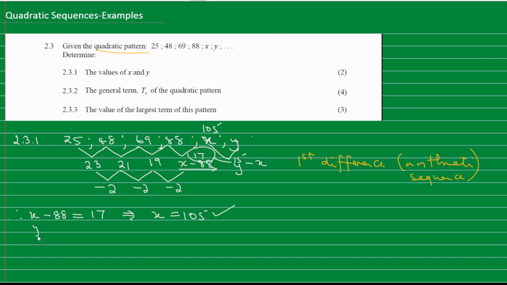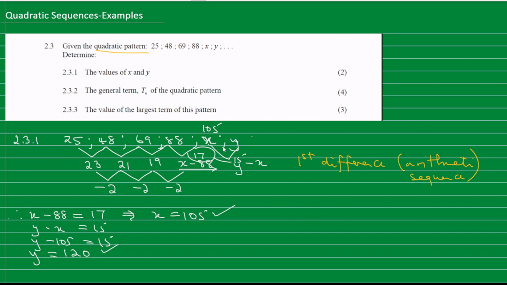So y minus x is equal to 15. Our x is 105, so y minus 105 is equal to 15. Take this over, so our y will be equal to 120. That gives us the y value.